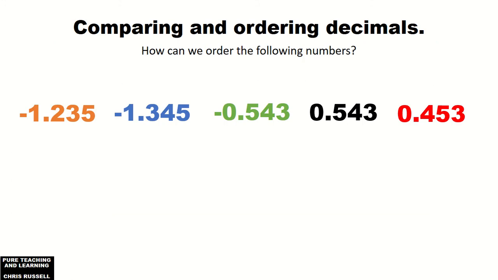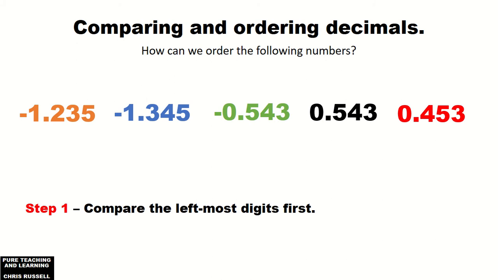Comparing and ordering decimals. How can we order the following numbers? We've got negative 1.235, negative 1.345, negative 0.543, 0.543 and 0.453. Let's compare the leftmost digits first. In this case we've got some negative values, so we have to do the negative values first.